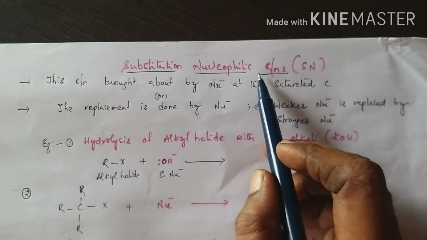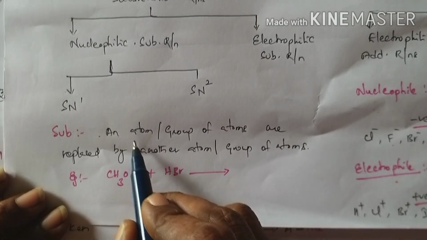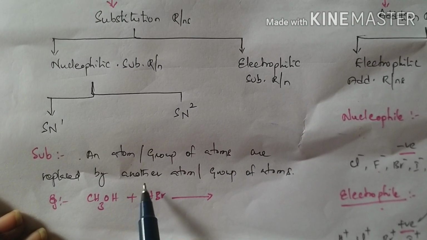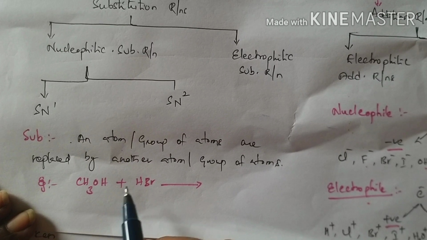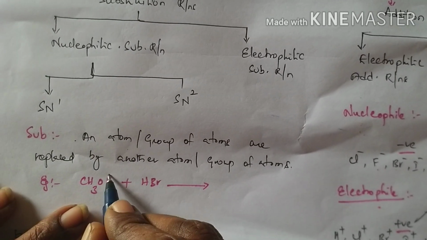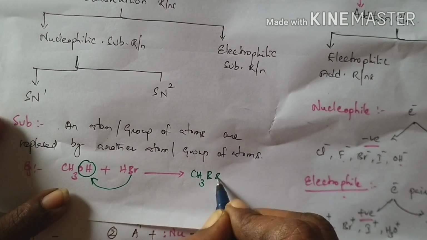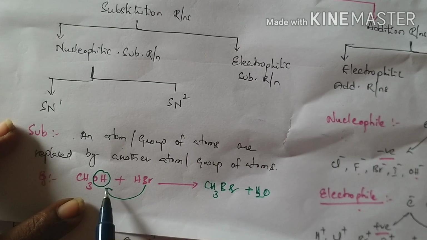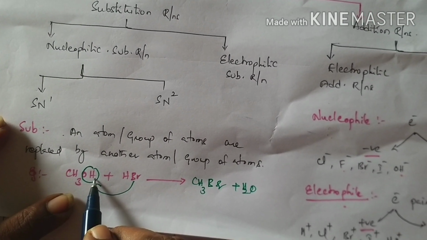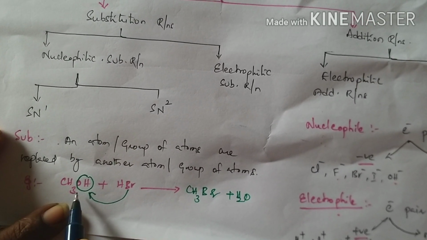Coming to substitution nucleophilic reactions, simply represented as SN reactions. A substitution nucleophilic reaction means an atom or group of atoms is replaced by another atom or group of atoms. See this example.